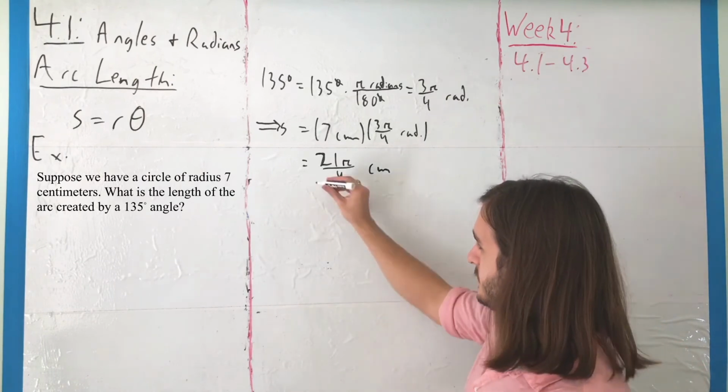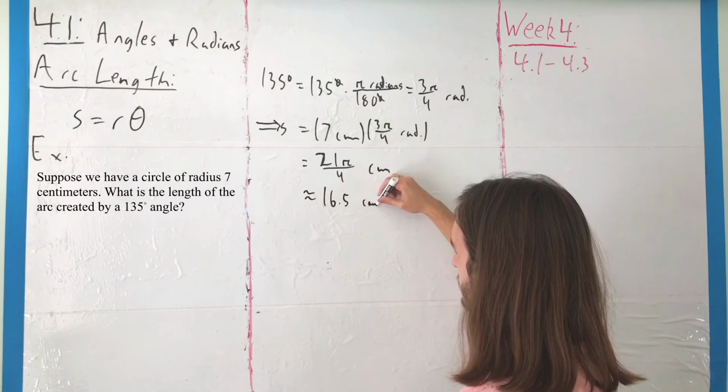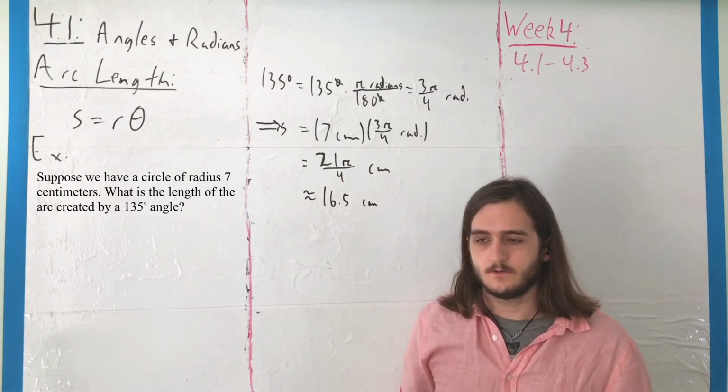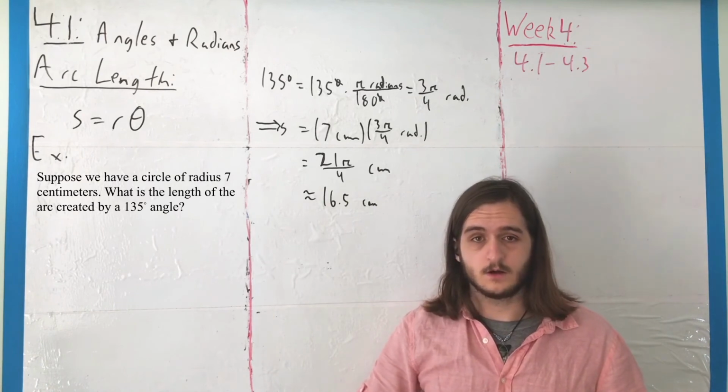Or if you prefer an approximation, about 16.5 centimeters for the arc length of the path followed along that circle.